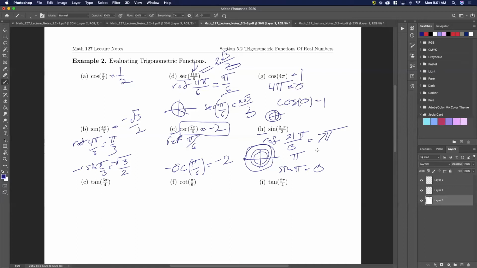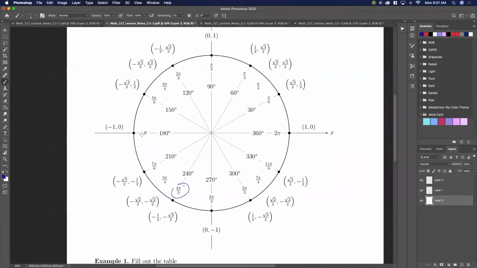The reference angle here is 0. It's pi. Pi is the closest angle on the unit circle. The reference angle is the angle between this and the x-axis. Well, it's 0 because it's on the x-axis, right?